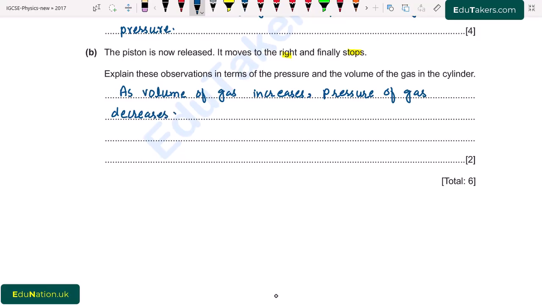So the piston will stop only when the pressure inside the piston will become equal to the pressure outside the piston.